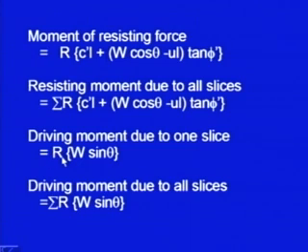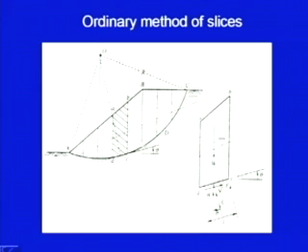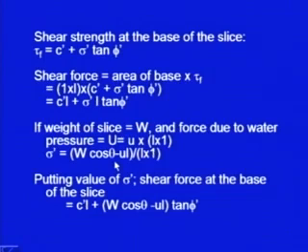So, its moment will be equal to r into W sin theta. Here it will matter whether you take theta as positive or negative. For example, if you take theta here, it is trying to drive this, it is trying to fail, whereas on this side theta is in this direction, it is trying to stabilize the slope.